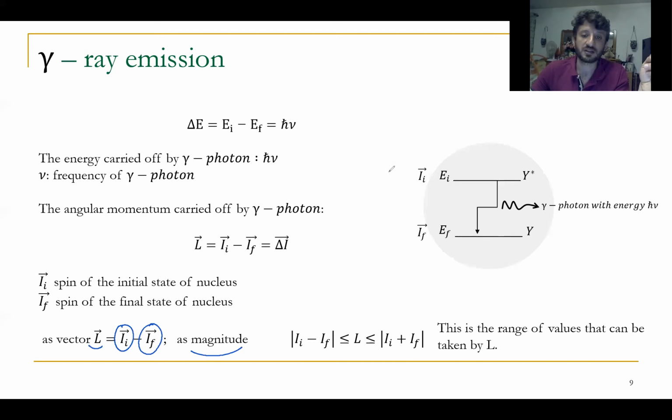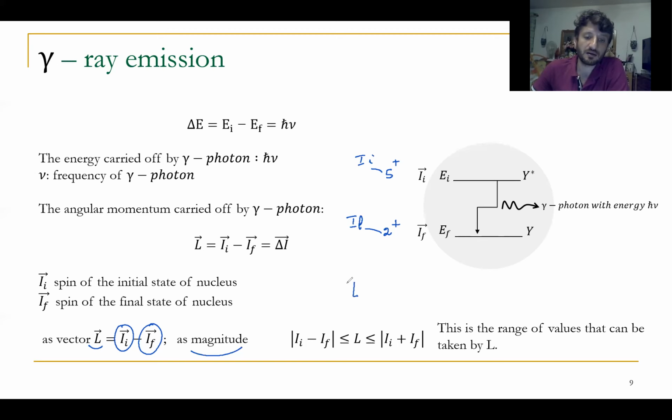If I initial equals 5 plus, and I final equals 2 plus. 5 is I initial and 2 is I final.